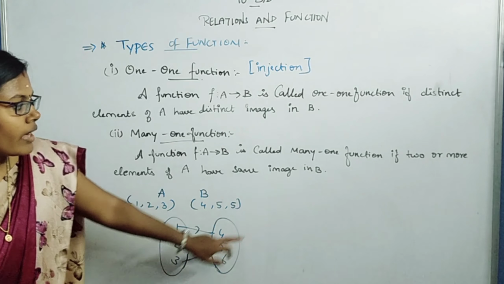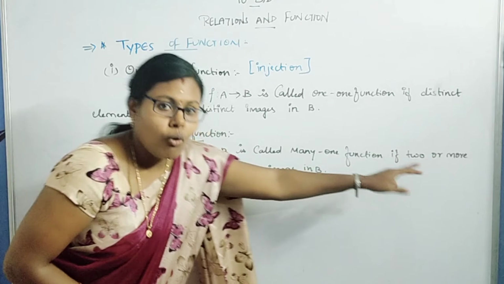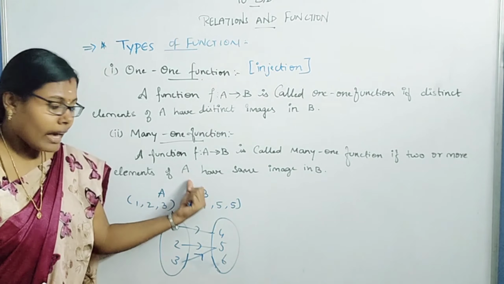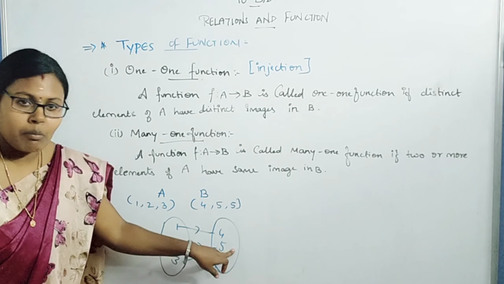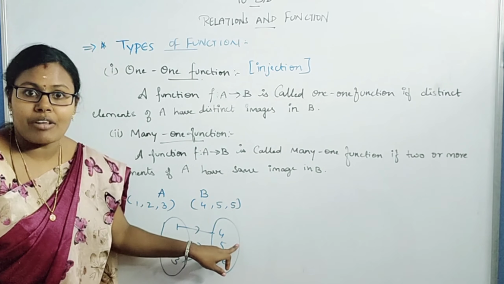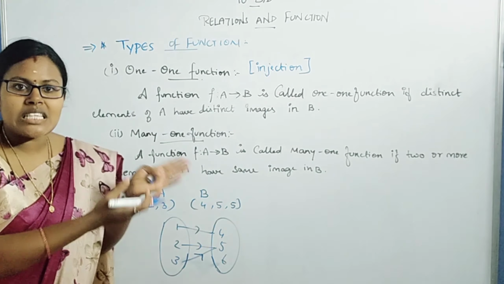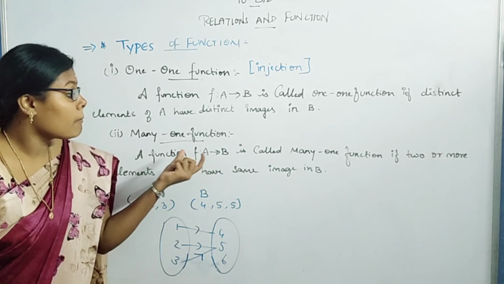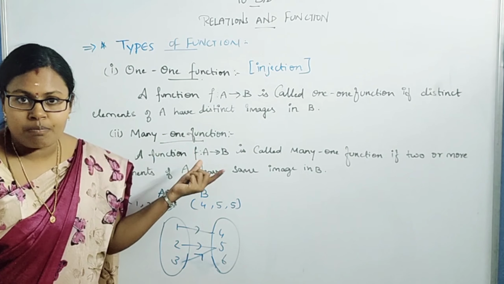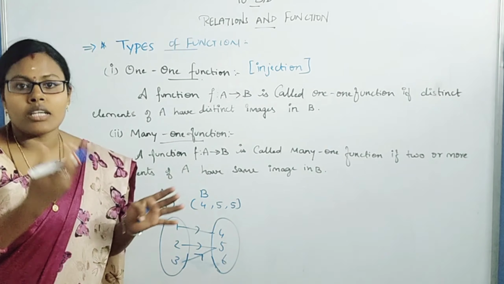So this is what they are saying: if 2 or more elements in A have the same image in B. For 3 the image is 5, and for 2 also 5 is the image. This is called a many-one function. Got it? So now we'll see the other 2.